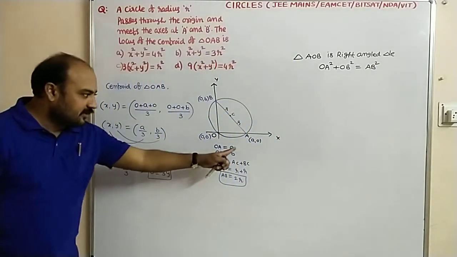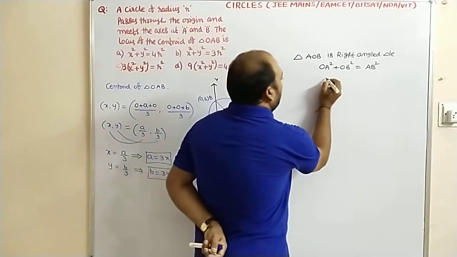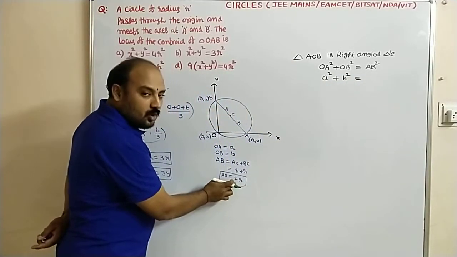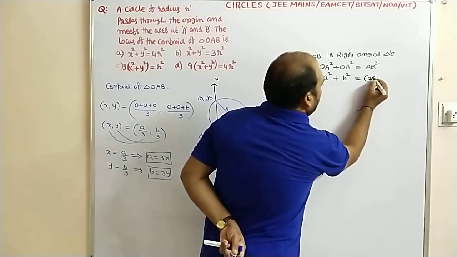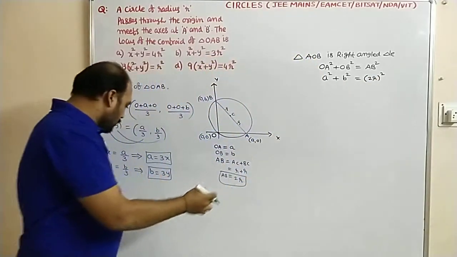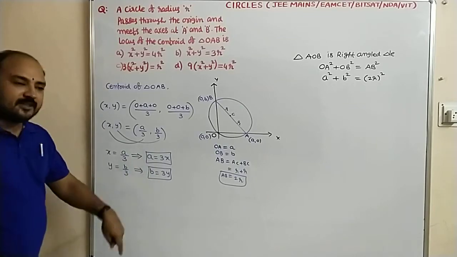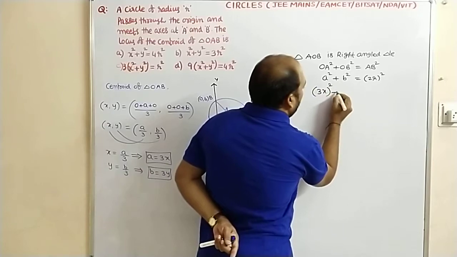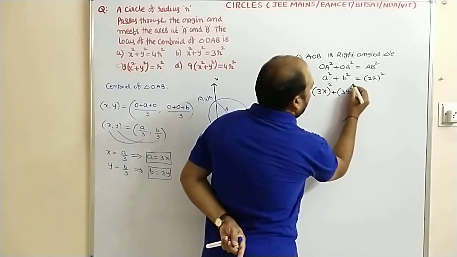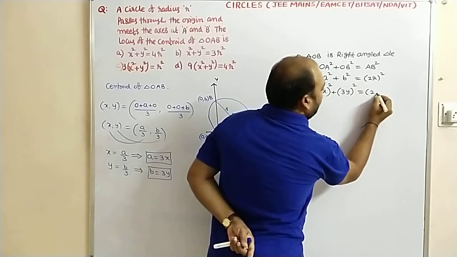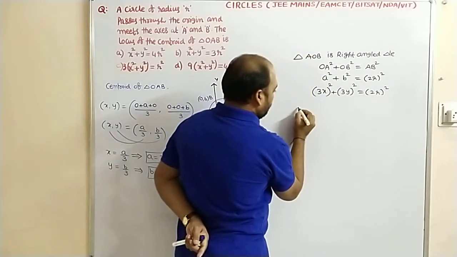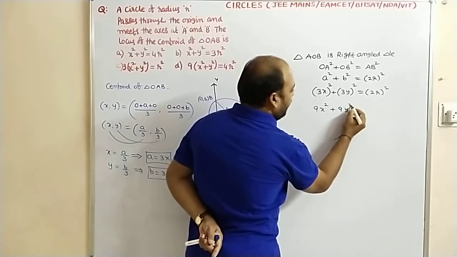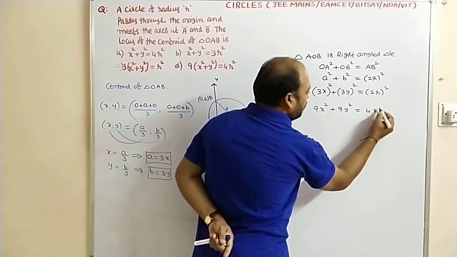OA means a, OB means b, so a square plus b square is equal to AB square, and AB means 2R whole square. The values of a and b are 3x and 3y. So 3x whole square plus 3y whole square equals 2r whole square. Therefore, 9x square plus 9y square equals 4r square.